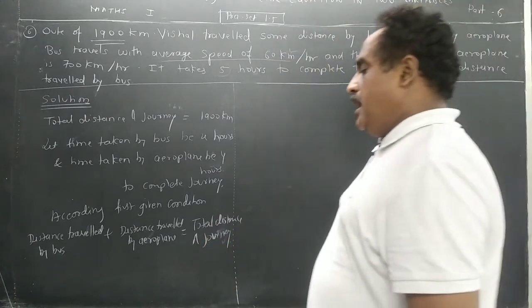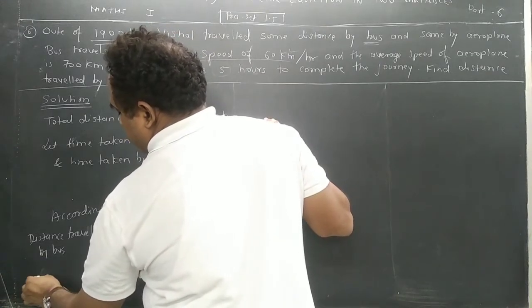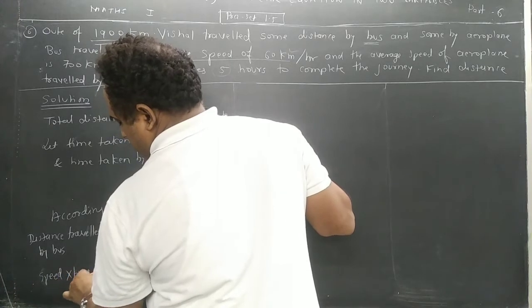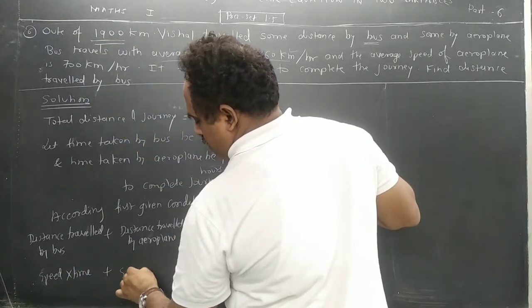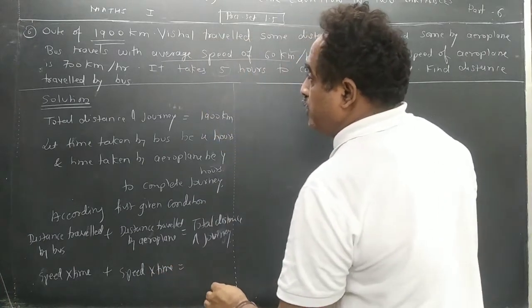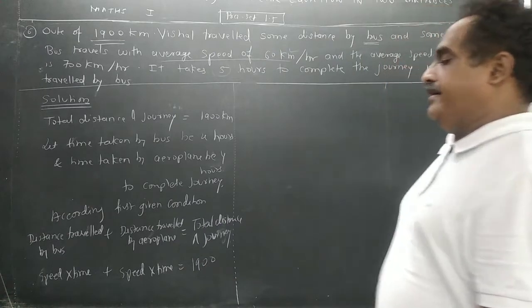Here, for distance we can use the formula speed into time, plus speed into time is equal to the total distance of journey, 1900.